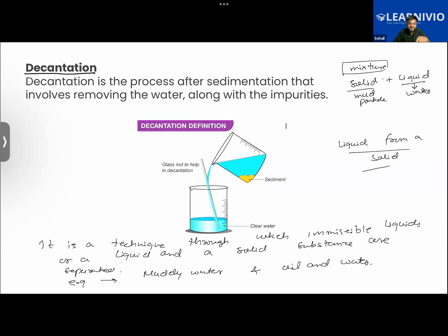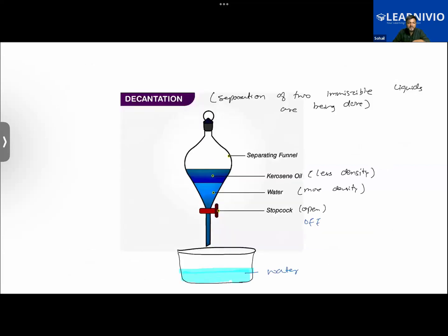Also, decantation is done for that kind of mixture where you have got two immiscible liquids, like kerosene oil and water. Kerosene oil is less dense than water, so it will float above the water. Here also we can separate them using a separating funnel. As the stopcock is open, first of all the water will drain out of the separating funnel.